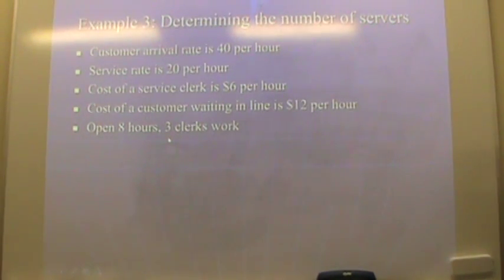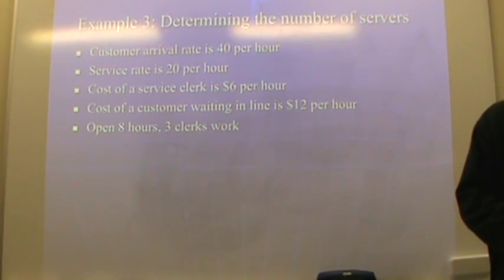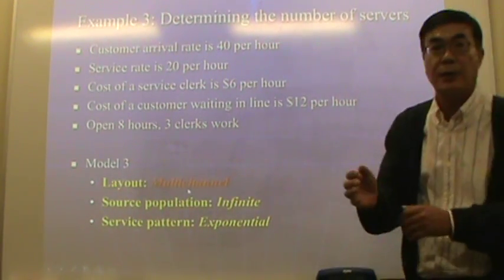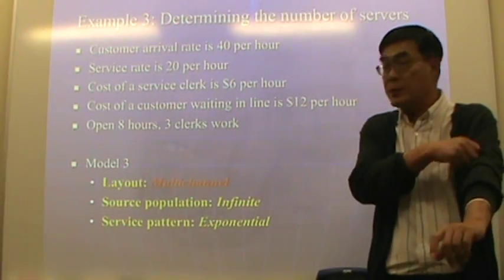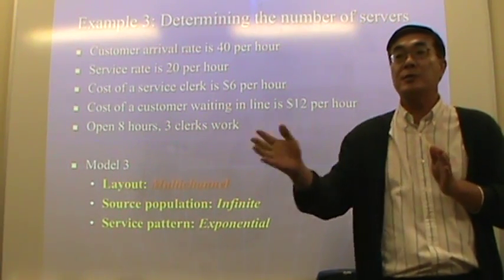And example 3, this one is about model 3. Model 3 is multi-channel, multiple waiting lines. This one is useful when we decide how many cash registers we need.